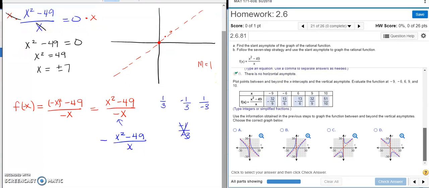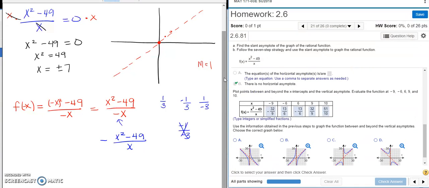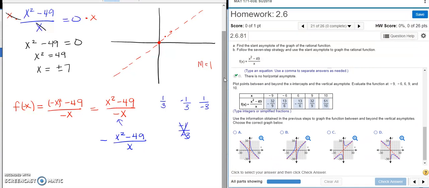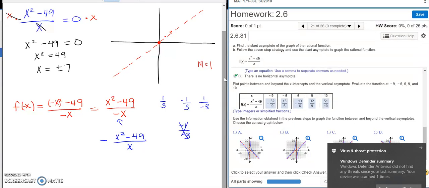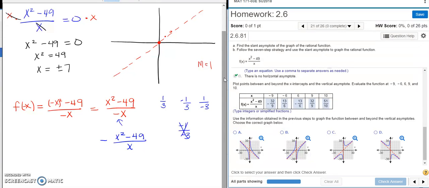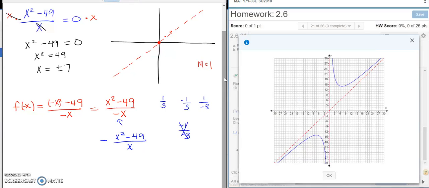So we have to pick the graph with the right picture. So first of all, A, oh my goodness, okay. A has the wrong slant asymptote, so I know it's not A. And D has the wrong slant asymptote, so I know it's not D. Okay? Because those are negative x, those are slanting the wrong way. So then when I look at B and C, one thing I notice about C is it doesn't have any x-intercepts.